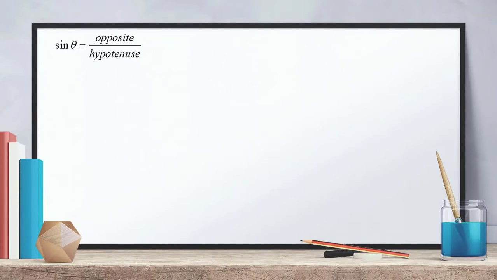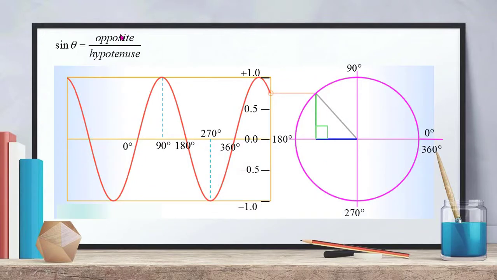Let's now conclude why the sine at theta is equal to the opposite over the hypotenuse, or the curve at theta is equal to the opposite over the hypotenuse.